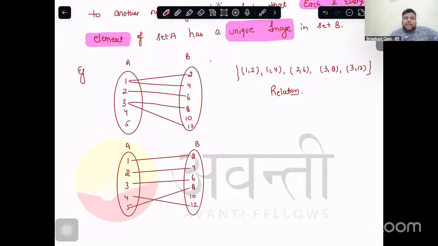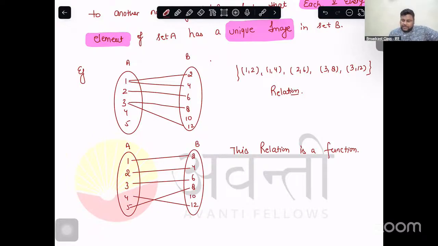Now, this is the mapping of a function. This relation is a function. Why so? First of all, each and every element of set A has an image. Image of 1 is 2, image of 2 is 4, image of 3 is 6, image of 4 is 12, and of 5 is 8. So every element has an image.